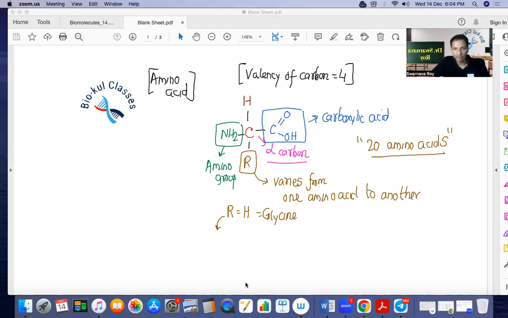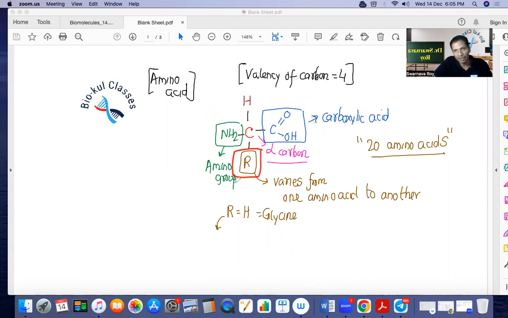So this part is the common part. This is the common portion of the amino acid. This is the same in all amino acids.